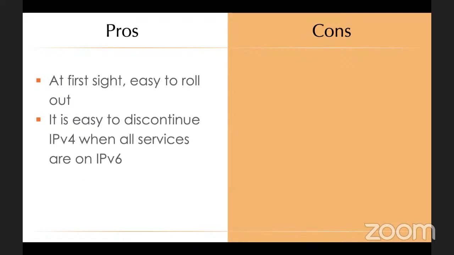And then the other advantage with DualStack is it's easy to discontinue IPv4 when all services are on IPv6. Once IPv6 is running well, you can easily just shut down IPv4 gradually. But it has disadvantages. You still need IPv4 addresses. Every time you're deploying, you also need to cater for IPv4, which also means IPv4 addresses.